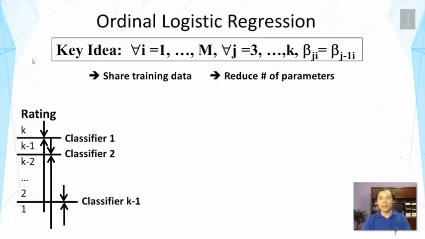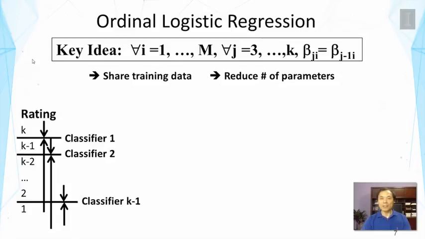That means we are going to assume the beta parameters, which indicate the influence of those words, are the same for all the k-1 classifiers. This just encodes our intuition that positive words in general would make a higher rating more likely. So this is an intuitively appealing assumption. It's reasonable for our problem setup when we have this order in these categories.